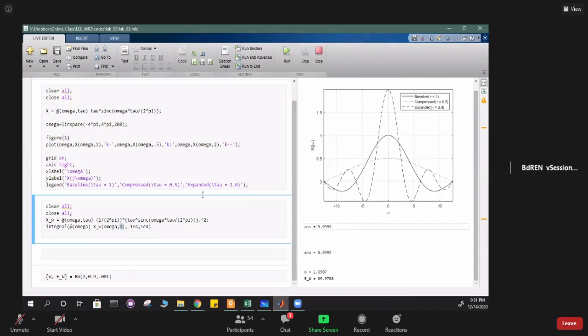If I run this section, then you can see the answer will be closer to 4. If we change this to, let's say 3, the result is 2.999, that means it is closer to 3. So that's what we're trying to do, to verify the Parseval theorem using MATLAB.